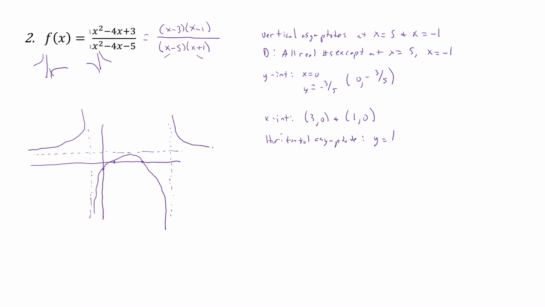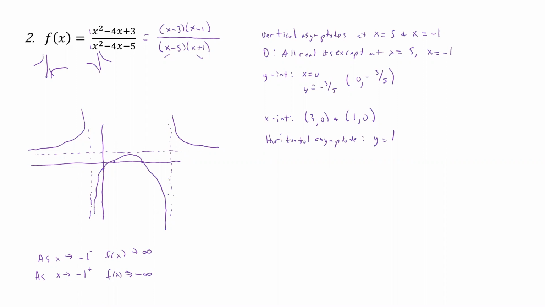Now, since this one's going down, this one has to come down, go this way, and the same thing here. Okay. All right, so looking at this one here, we can say as x approaches -1 from the left, f of x approaches positive infinity. And as x approaches -1 from the right, going this direction, it looks like f of x is going to -infinity.